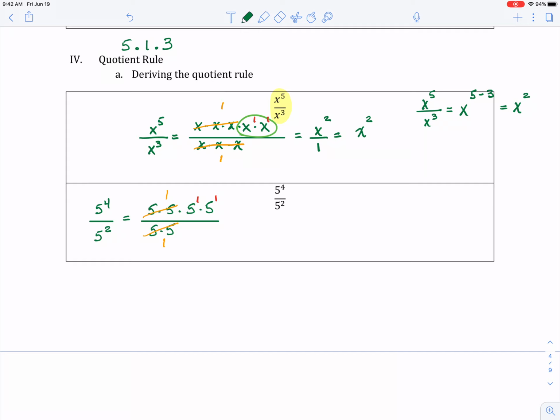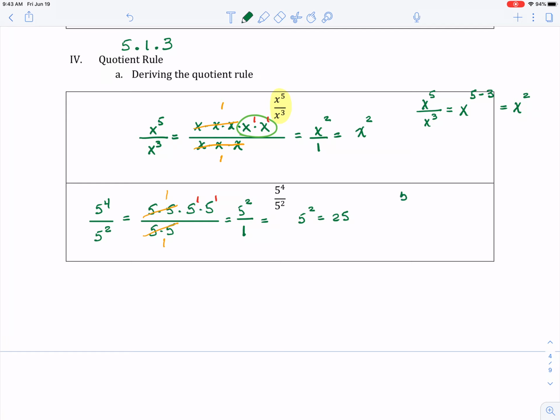On the next one, we have a numeric base, 5 raised to the power 4, divided by, there's our quotient, 5 raised to the 2nd power, and again you can see I've expanded it and done some canceling here, and I hope you see that I have 5 to the 2nd sitting over 5 to the 1st, which is, of course, 5 to the 2nd.